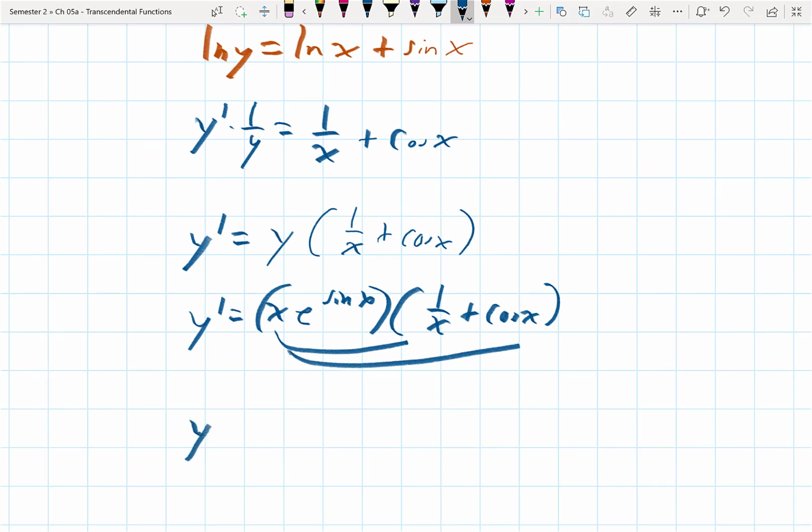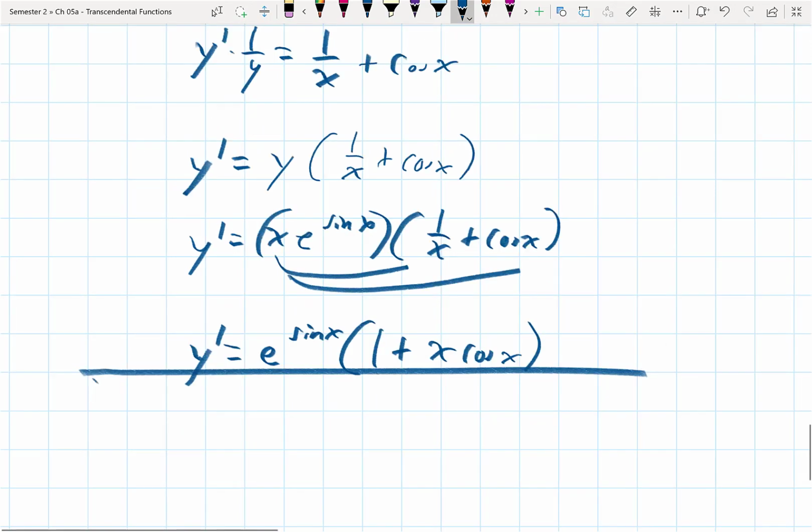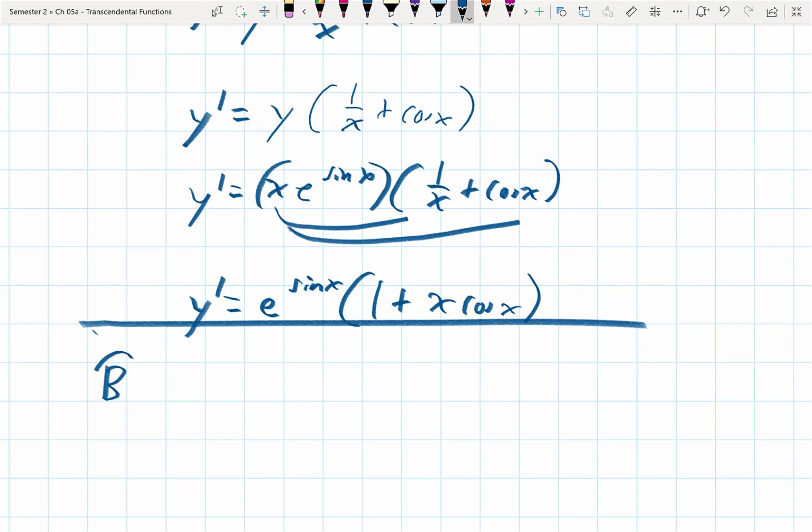I'm going to leave the e to the sine x factored out. So I have e to the sine x times 1 plus x cosine of x. So I just wanted to show you two ways to do the same problem that use different techniques but get you to the same place.